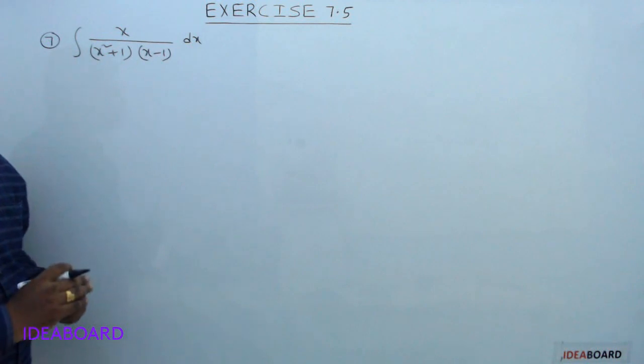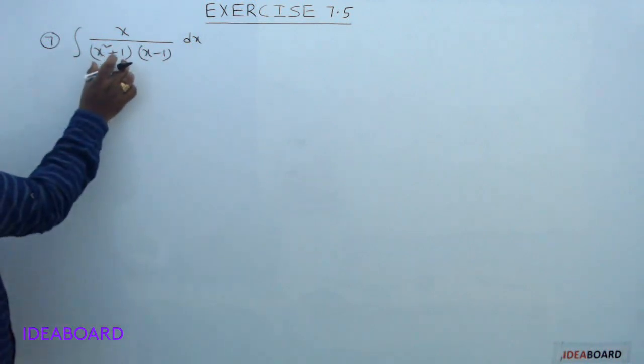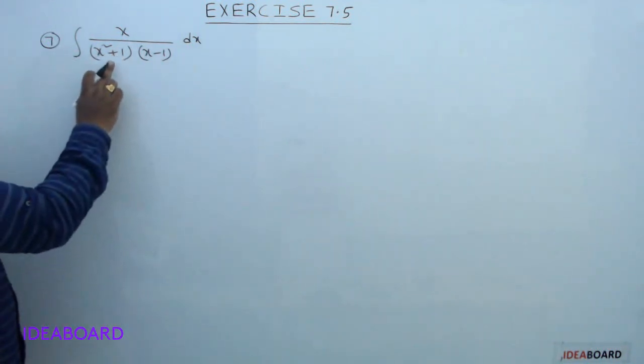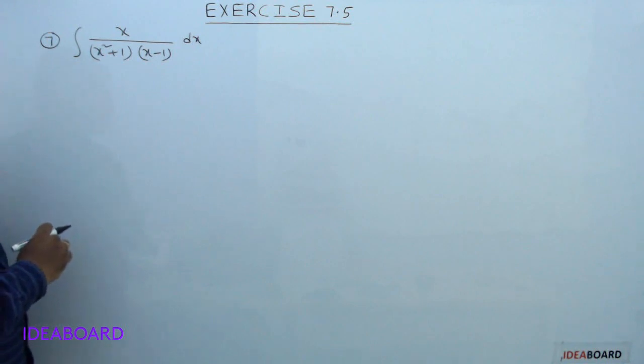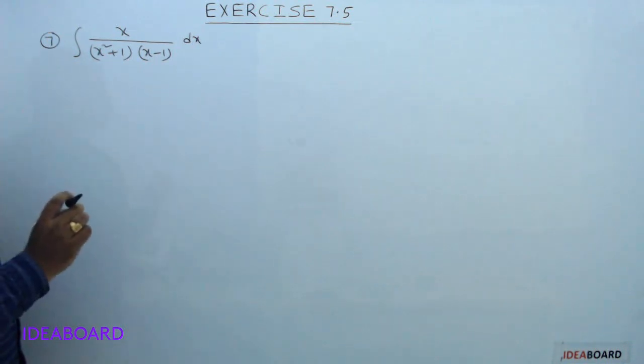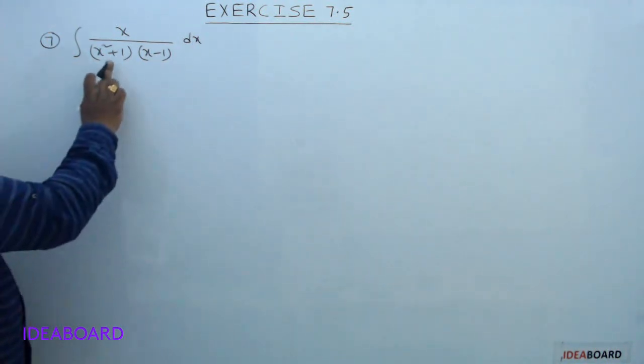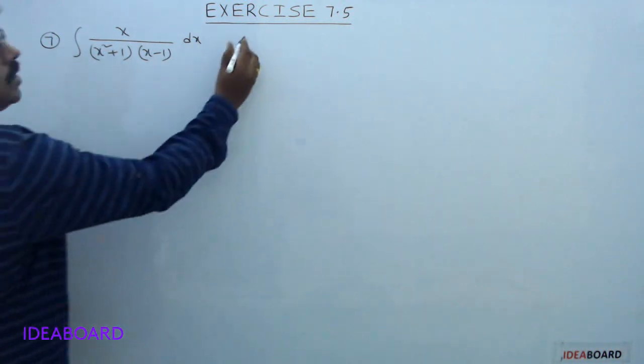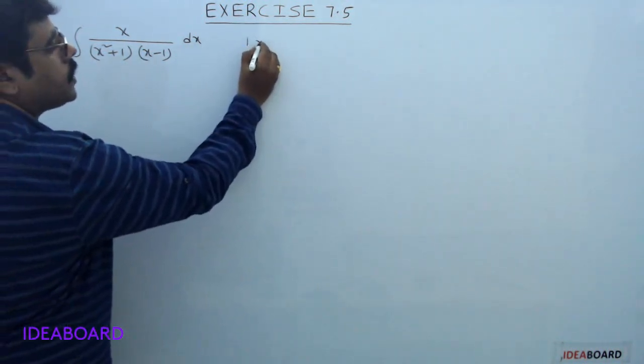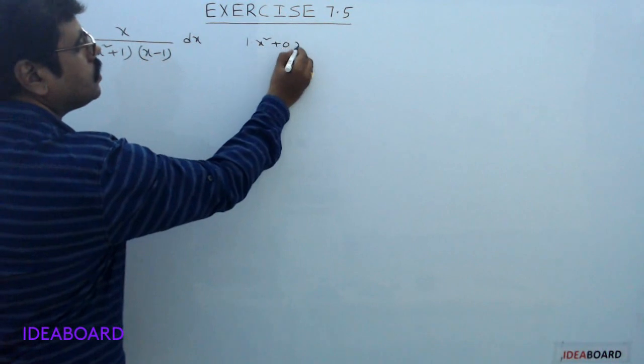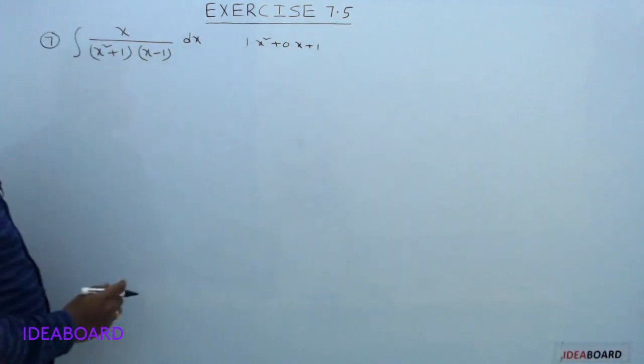Now, observe the denominator x square plus 1. Basically, it is a second degree expression. First, we find the discriminant value of this second degree expression. It is 1 into x square plus 0 into x plus 1.